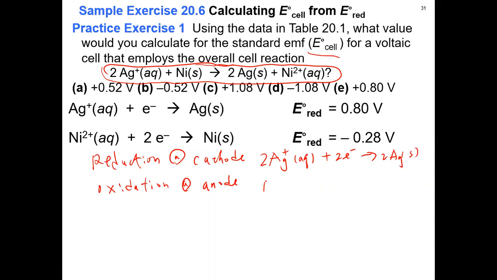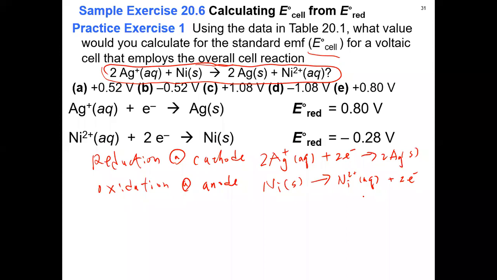For our anode reaction, just the other parts left over, which means nickel solid becomes nickel 2 plus ion aqueous plus 2 electrons. All right.